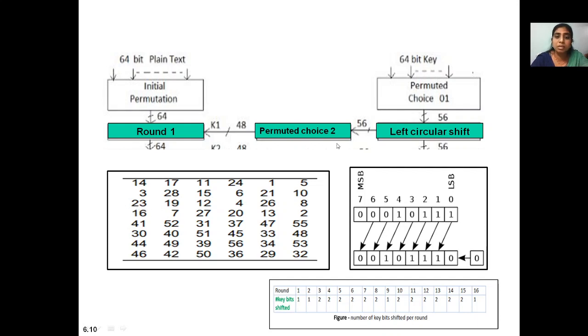The 16th bit in the key becomes the fourth bit here. Like that we are going to transpose all these 48 bits, and this particular 48 bit value is given as the key for round 1. Like that we achieve the 48 bit key.